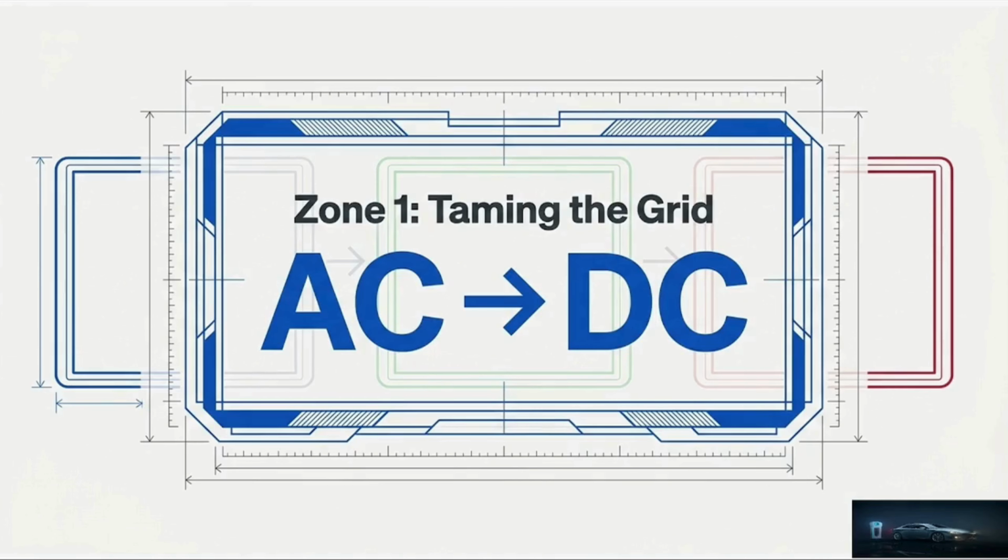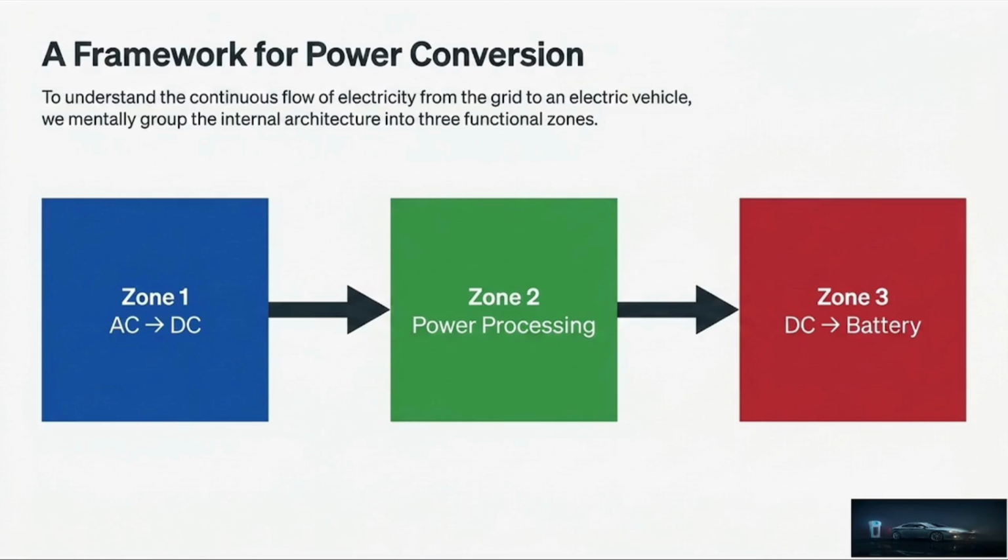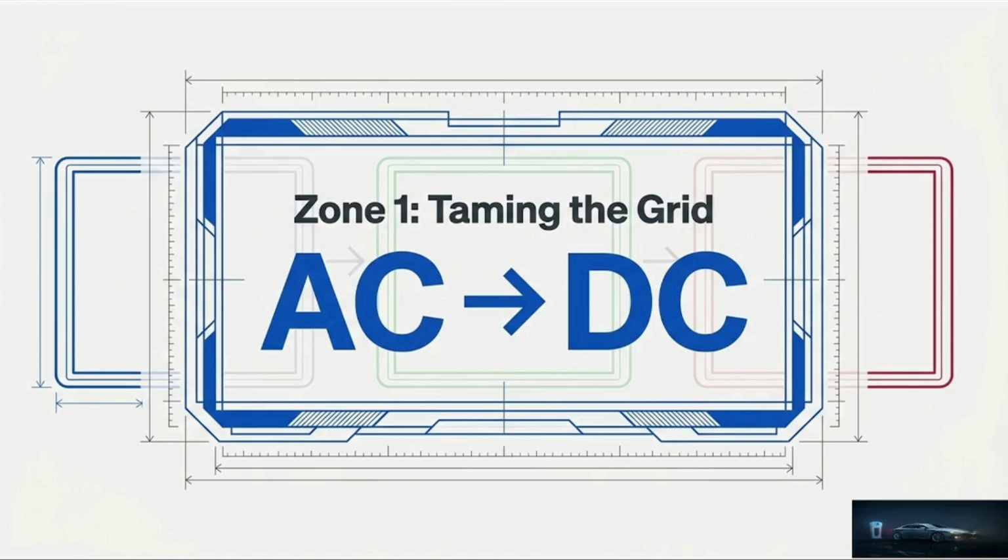So here in the first zone, zone 1, AC to DC, let's enter this zone. Our job here is simple: take AC from the grid and create a usable DC bus. But we don't do it in one step.